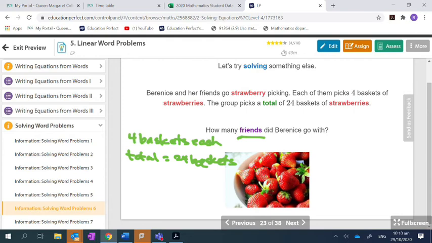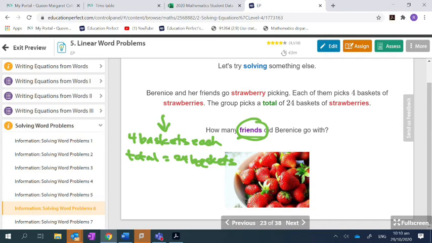Be careful. Okay. All right. So everybody picked 4 baskets each. So if we equate every basket with the number of people, right? Because the people and baskets are going to be the same, yeah?